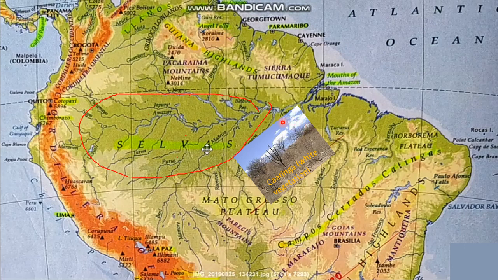This part is called Caatinga, which means white vegetation, and this part is called the drought quadrilateral, which means it is a desert and a very low rainfall area. Because of that, it is called the drought quadrilateral.